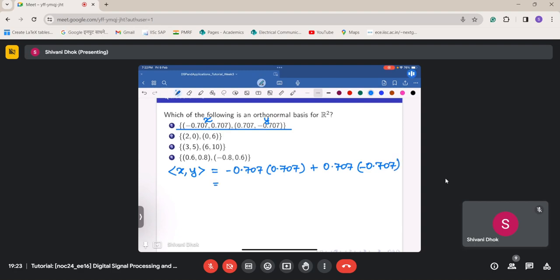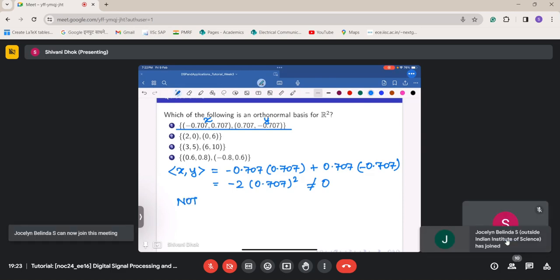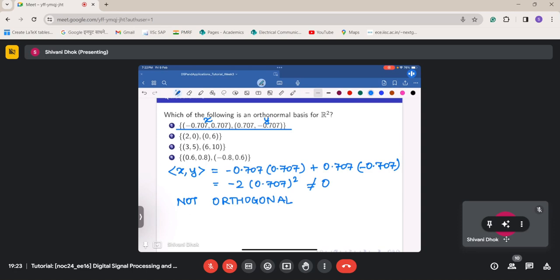So this is basically minus 2 times 0.707 square, which is not equal to 0. So these are not even orthogonal. No need to check for orthonormal. These are not orthogonal, and therefore this is not orthonormal.